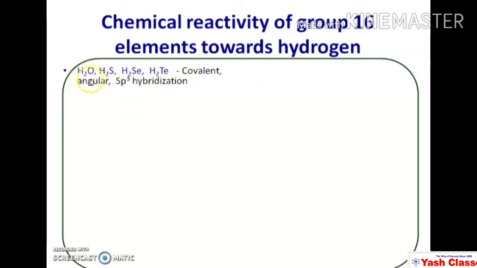For example, water is the hydride of oxygen, then hydrogen sulfide, H2S, is the hydride of sulfur. Similarly, hydrogen selenide and hydrogen telluride. These hydrides are covalent and angular, and the elements oxygen, sulfur, selenium and tellurium undergo sp3 hybridization.